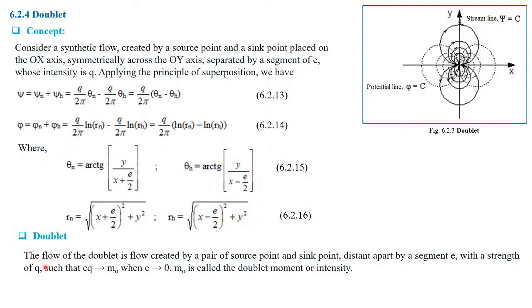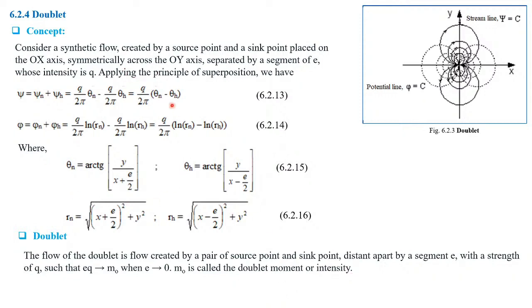So the flow of the doublet is a flow created by a pair of a source pole and a sink pole distant apart by a segment e with a strength of Q, such that e multiplied by Q approaches M0 when e approaches 0, and M0 is called the doublet moment or intensity.